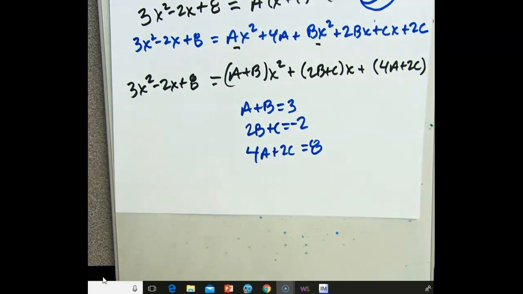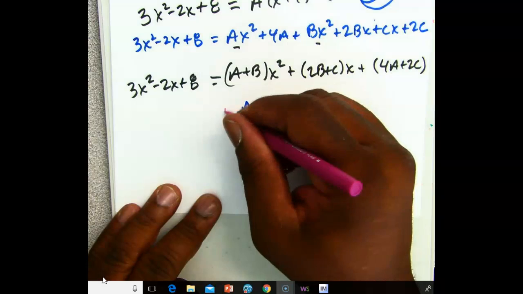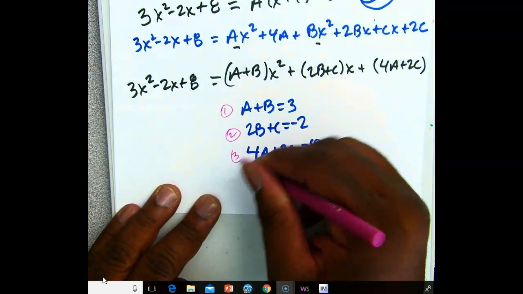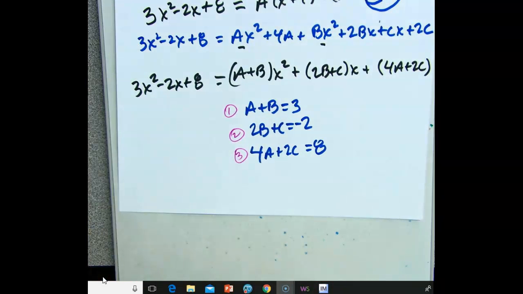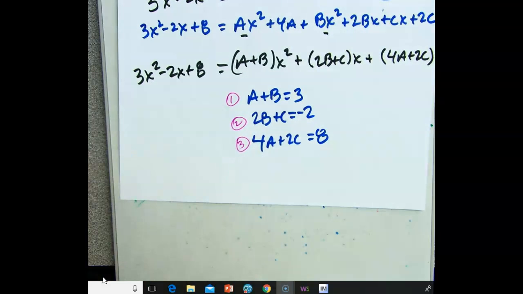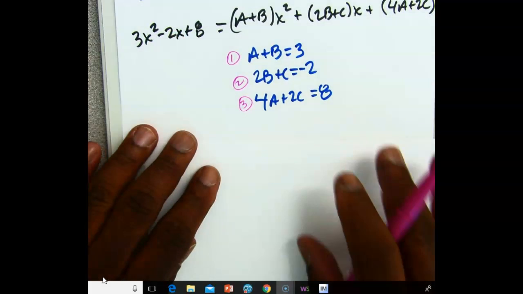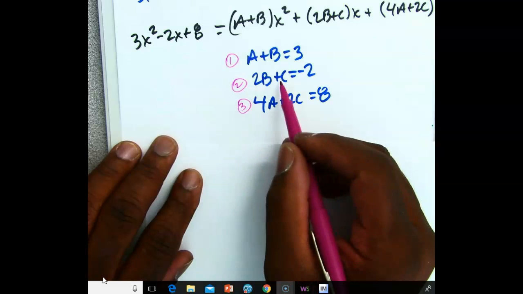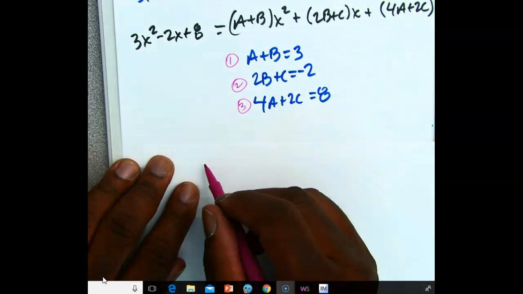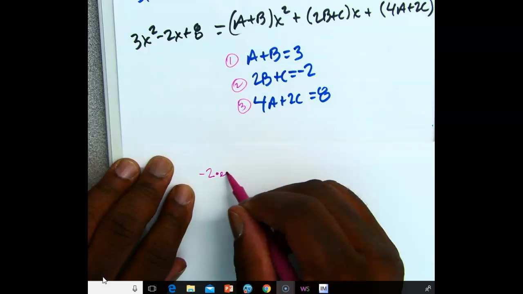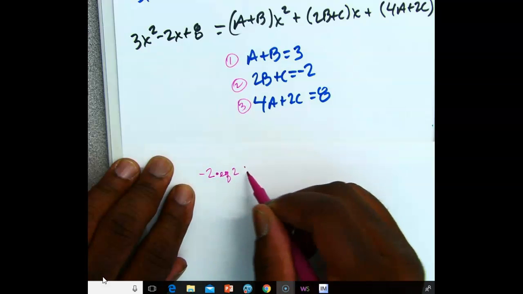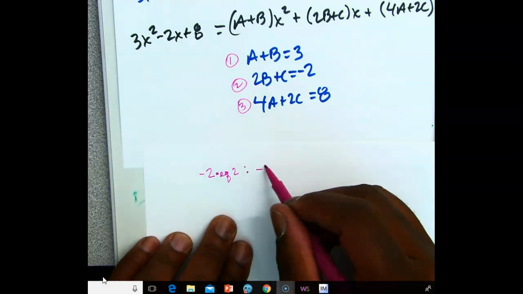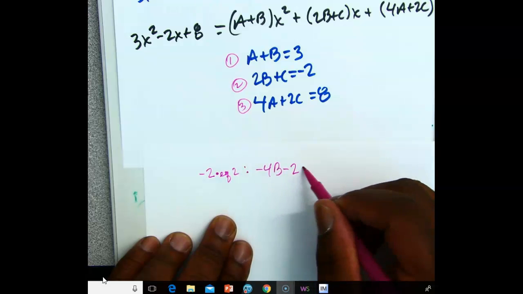You want to eliminate the C's? So if we eliminate C, then we can only use equations 2 and 3, correct? And if we're going to eliminate the C, then we're probably going to multiply equation 2 times negative 2. So negative 2 times equation 2 gives us negative 4B minus 2C.